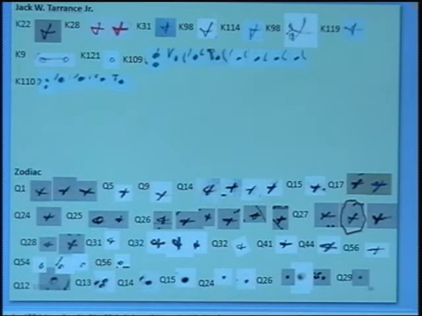Jack likes to use the and sign. His version is usually an angular version, and as you go down into the Zodiac's, what you find is a mad array of all different kinds, some with loops, some without loops, some with inverted loops, some with no openings at all, looking like a plus sign.